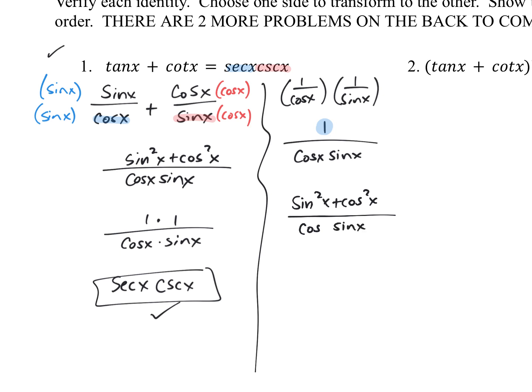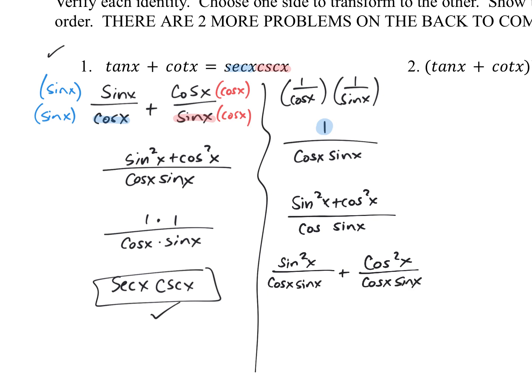And that's a strange step. Personally, it doesn't jump off the page at me that 1 is the same as sine squared x plus cosine squared x. I think that's a good way to see why we really prefer to work with sums as opposed to differences. From here, we'd want to split up our fraction: sine squared x over cosine x times sine x, and cosine squared x over that same denominator, cosine x sine x.